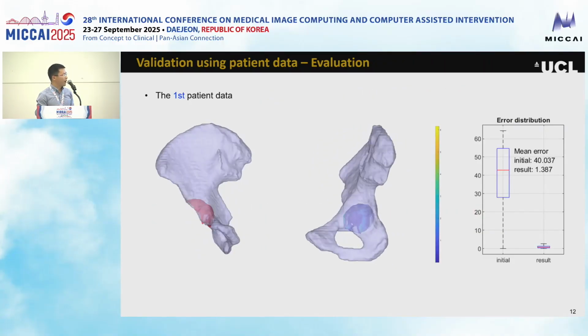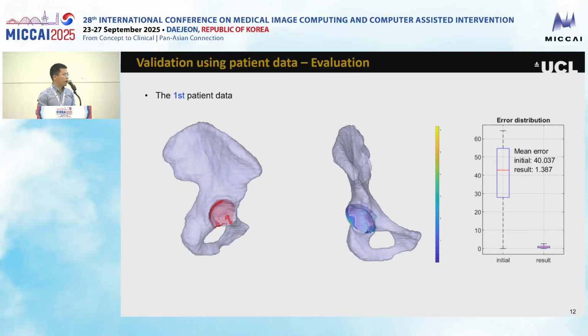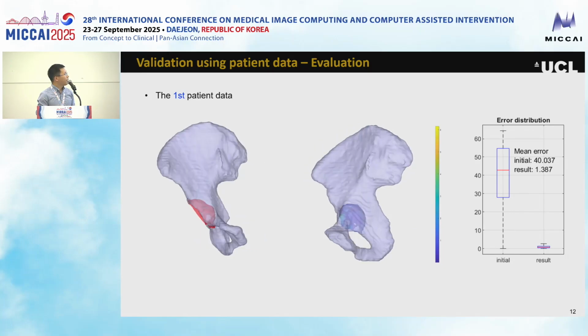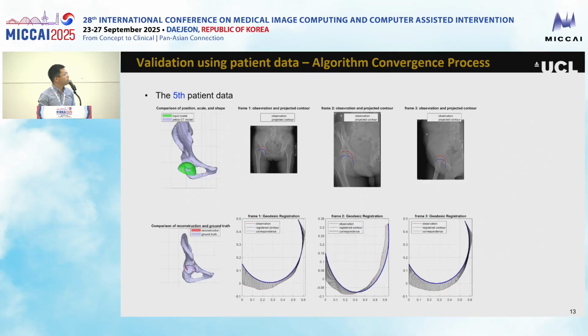So we put our reconstruction together with the CT model. We can see our reconstruction is well aligned. And the middle one shows the error distribution. We can achieve a mean absolute error of around 1.3 millimeters.